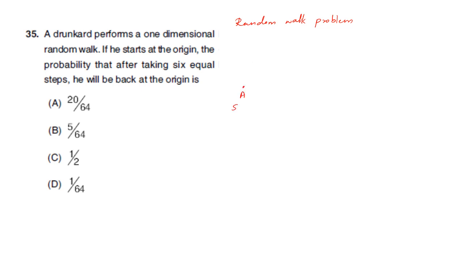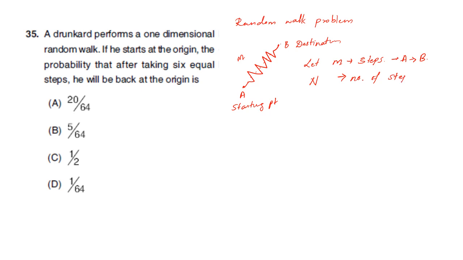Let A be the starting point and B the destination, which is m steps away from starting point A. The drunkard performs a one-dimensional random walk and finally reaches B. Here let m be the distance in steps from A to B, and capital N be the number of steps taken by the drunkard.